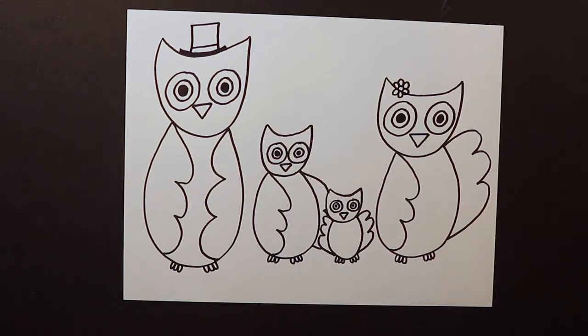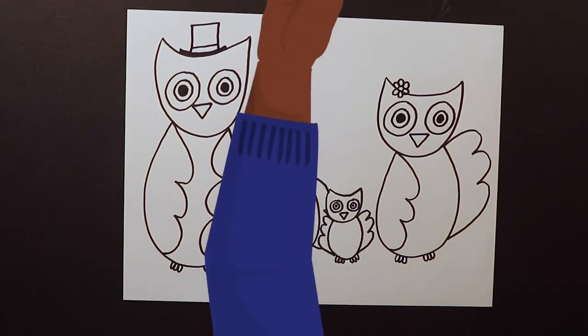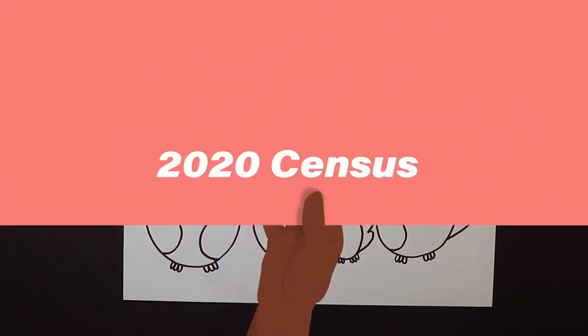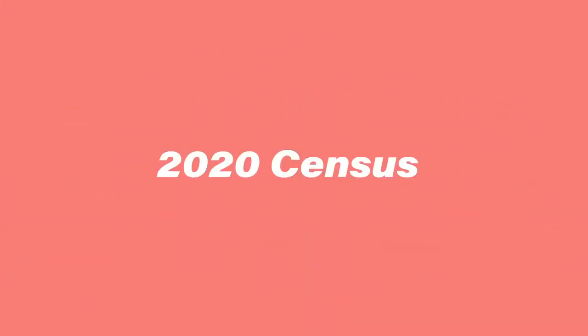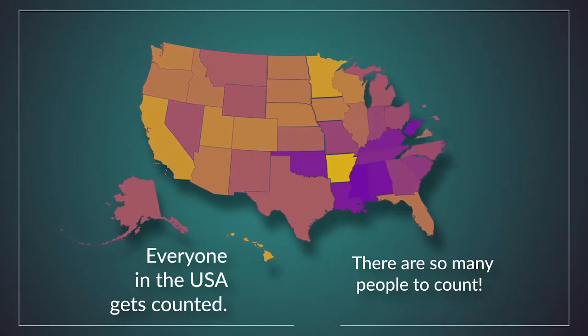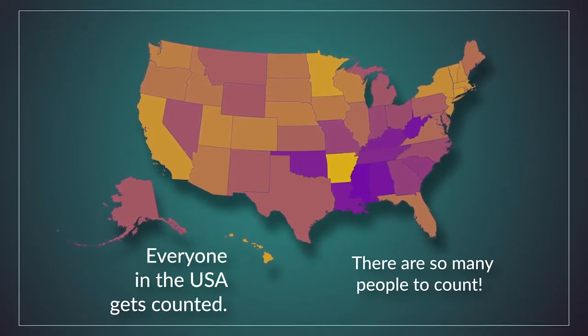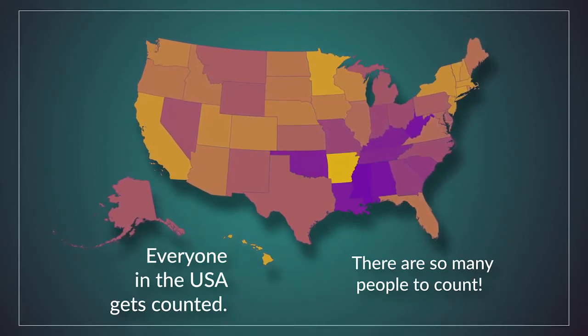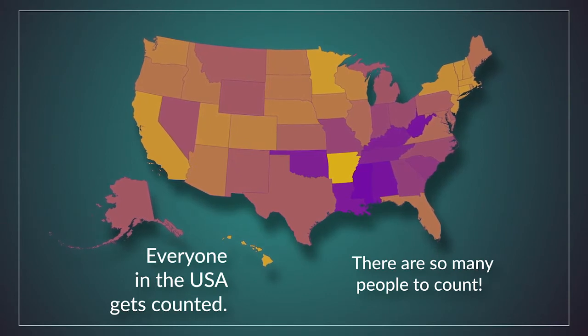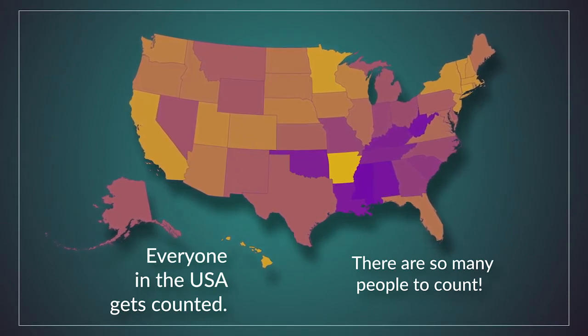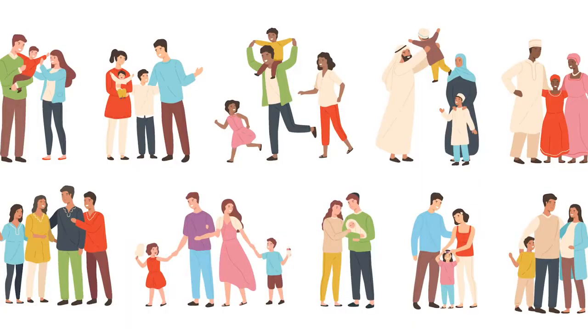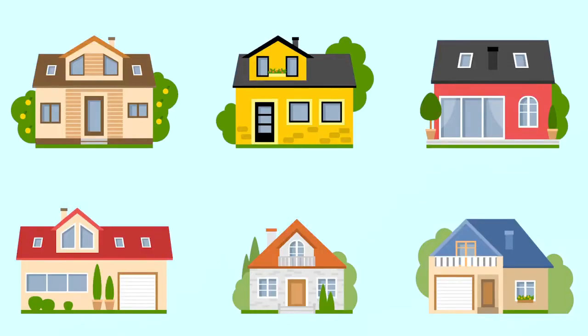While you guys are finishing up your owl drawings, I'm going to tell you a little bit about the census. So every 10 years, everyone living in the United States gets counted. It's called the census. That is a lot of people to count. Counting all those people helps the Census Bureau find out how many different kinds of people live in different kinds of places.